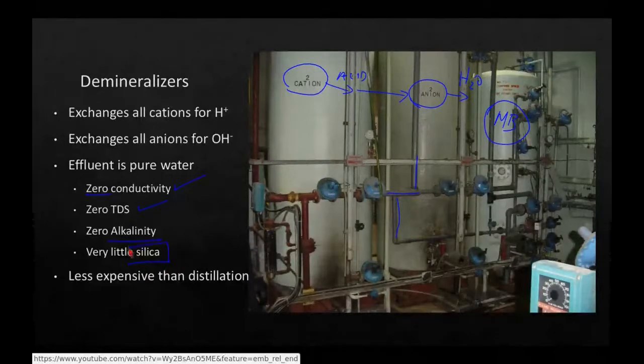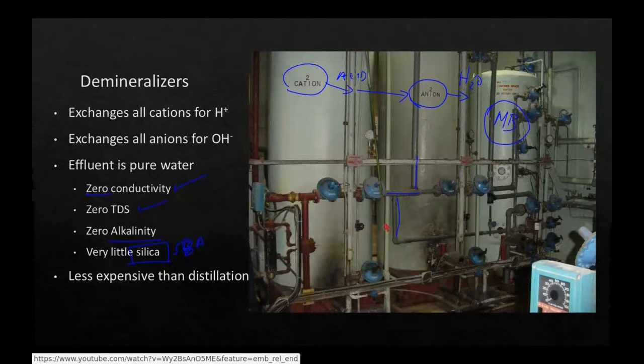And if we use a SAC, an SBA, strong base anion exchanger, if we use an SBA, we will get very little to no silica because it will actually remove the silica as well. So it sounds complicated. There's a lot of equipment, as you can see.